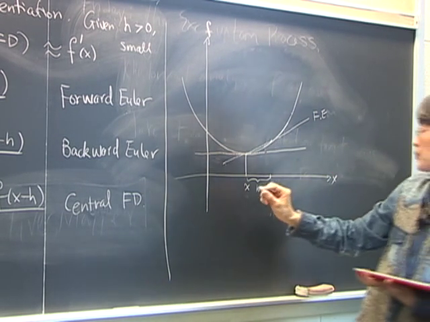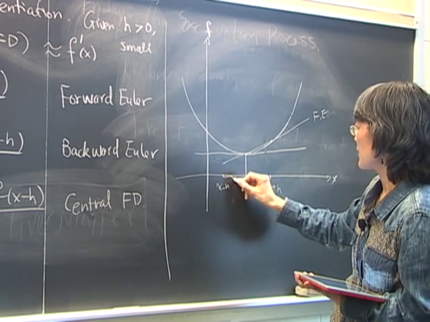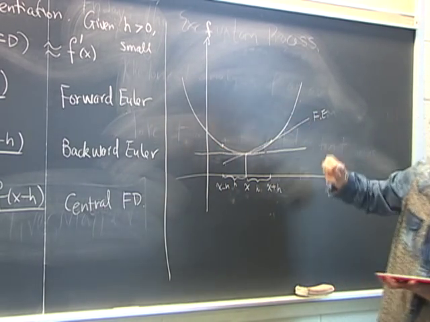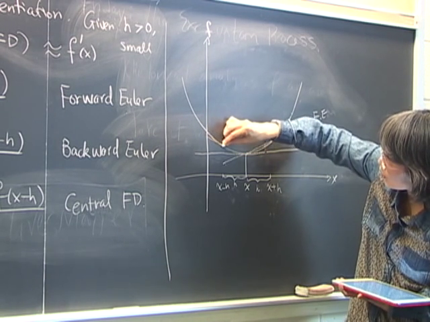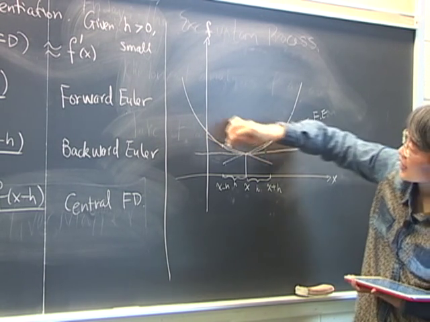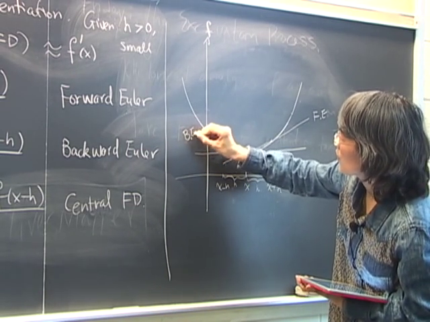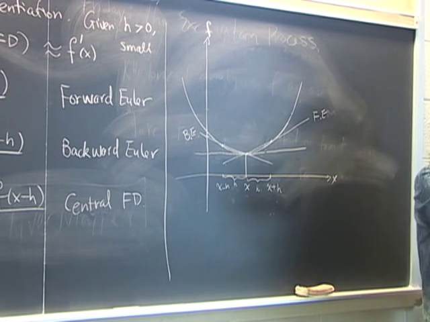Okay, so the backward one will be, I take from the left x minus h, and this is h, and that's the point where the function is. So it's a similar idea. You'll be taking these 2 points and draw a secant line and say that the slope of this is a good approximation for h small. We see it's reasonable.